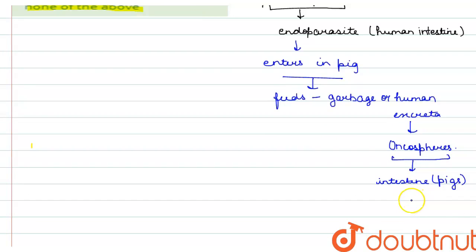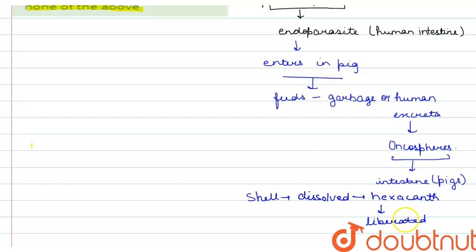When it is released in the intestine of the pigs, the shell gets dissolved, and when it gets dissolved, the hexacanth larva gets liberated.